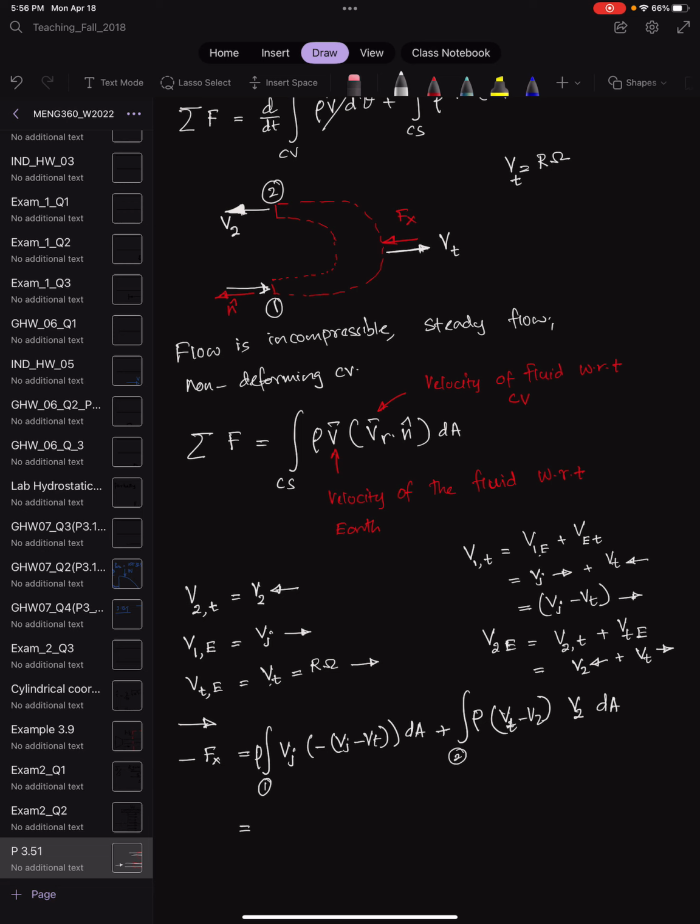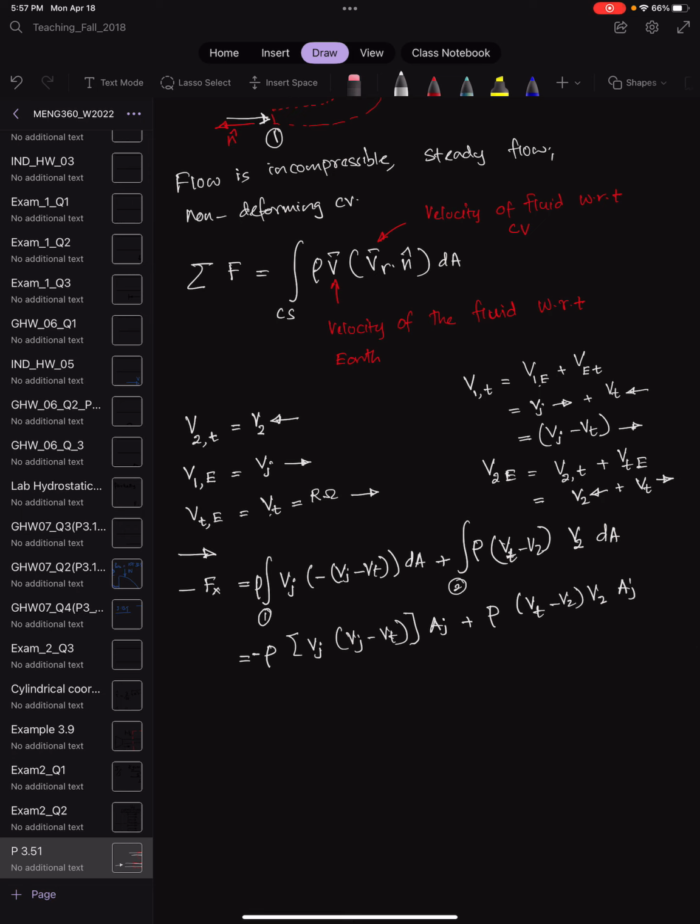So we can take rho out, and from here it's going to be Vj times negative Vj minus Vt, and the dA integral is Aj, plus rho Vt minus V2 times V2 Aj.